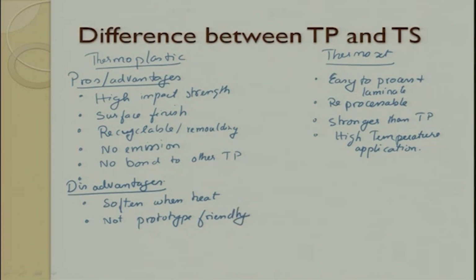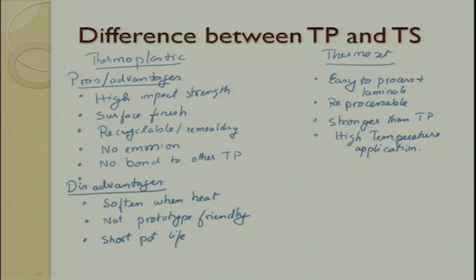That means you should minimum have some basic die or something to make a product, because here we will work on high pressures and temperatures. So, we need some aiding devices to make a product. It is no way prototype friendly.